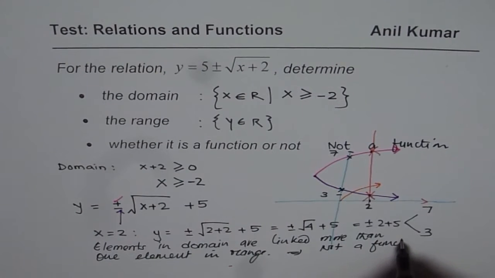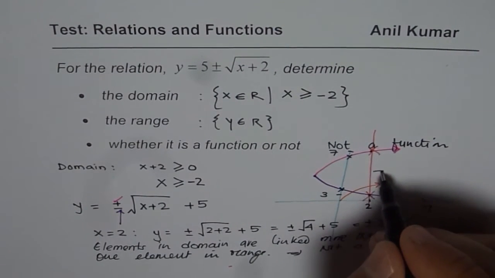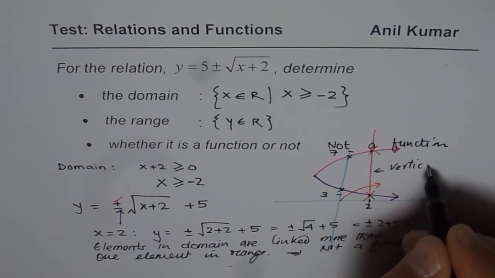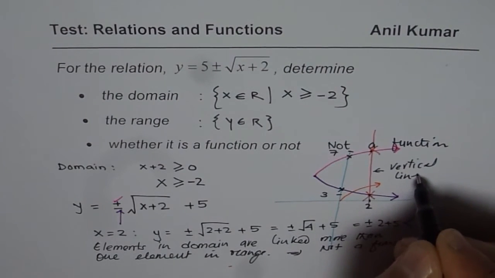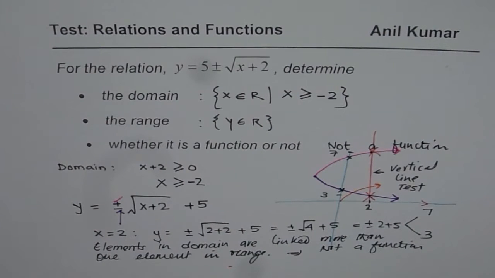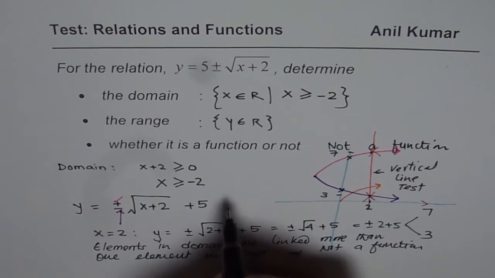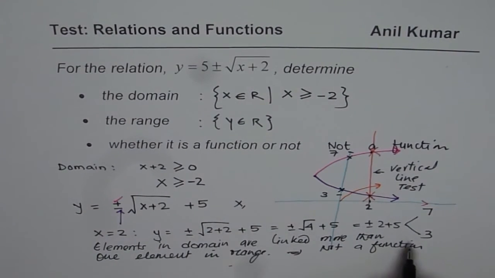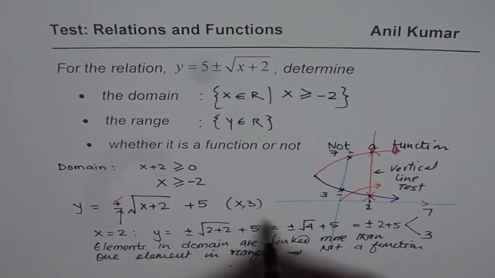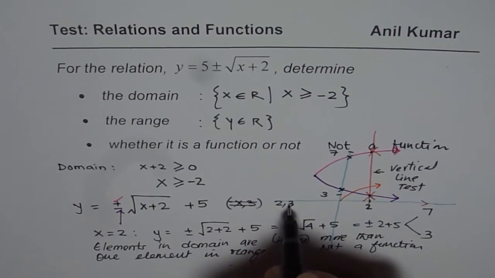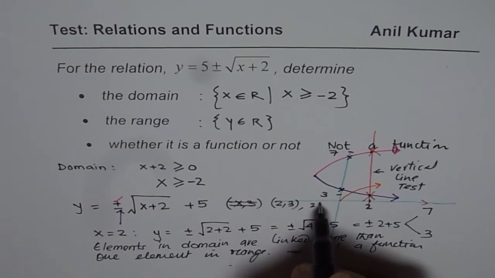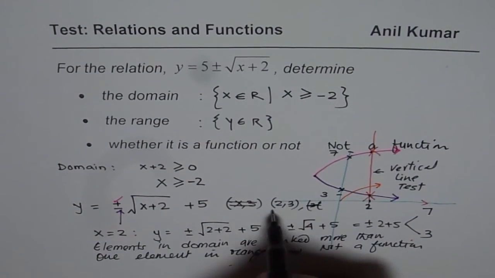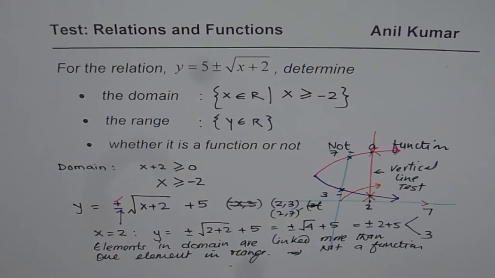If you sketch, you can say vertical line test. So this was the vertical line test, if you sketch. Is that okay? So that is how you can explain why it is not a function. And also you can substitute a value and show that we have an x value, 2, which corresponds to 3, and 2 also corresponds to 7. So that is why it is not a function.